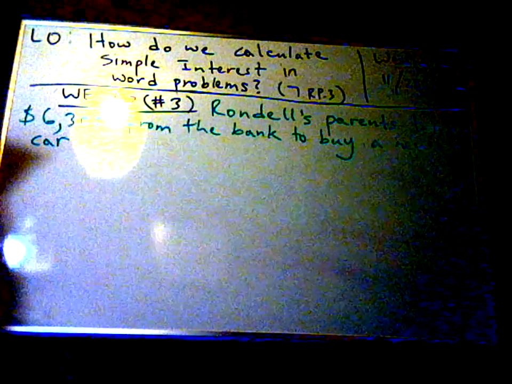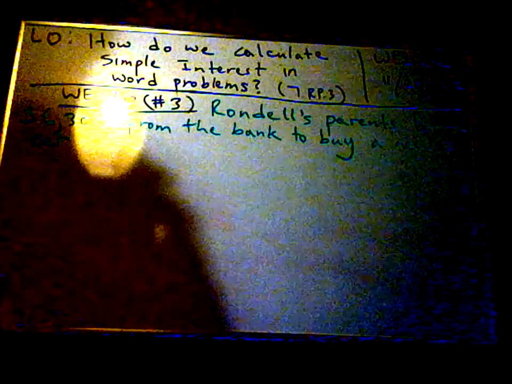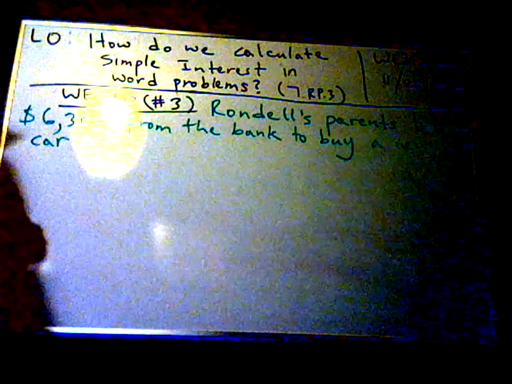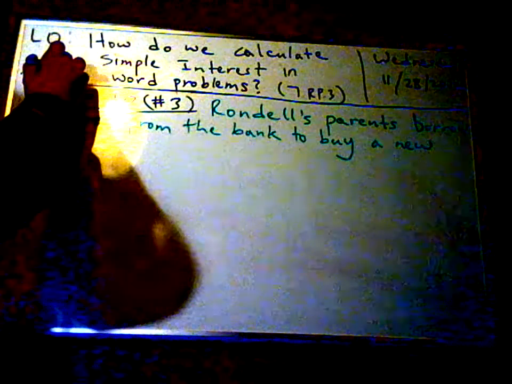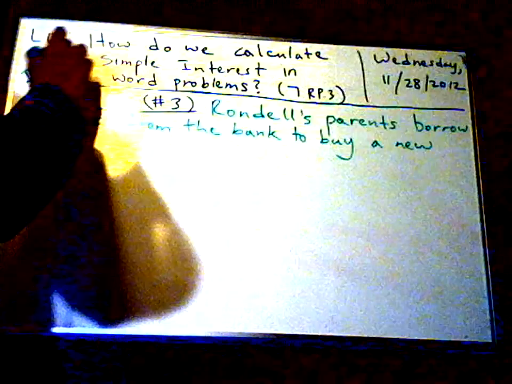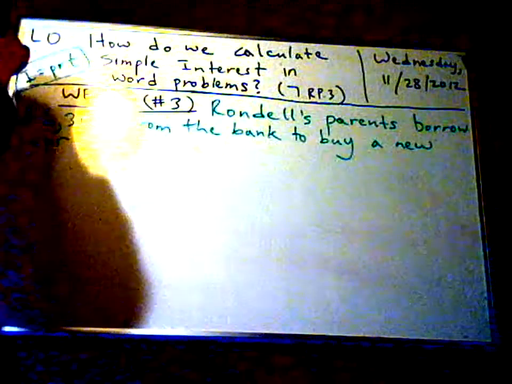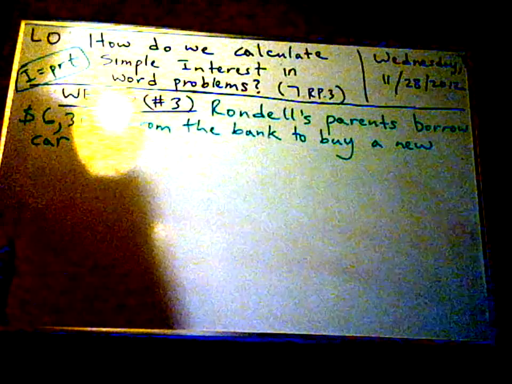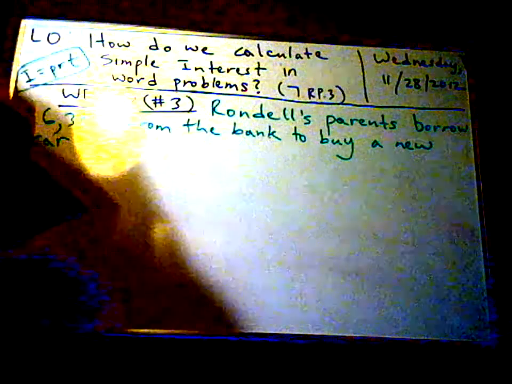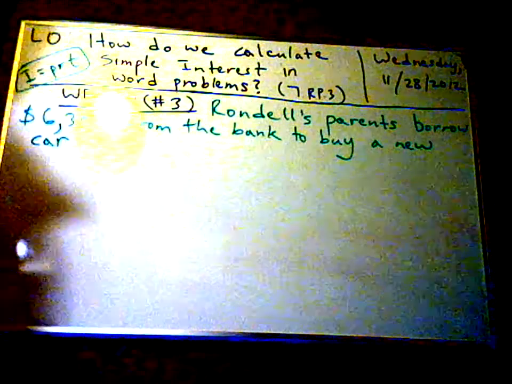So far, what information do we have? You should be thinking about that. You should be writing out the formula. I equals PRT, and you should be filling out the information. Which one of these values do we have that we can substitute so far?